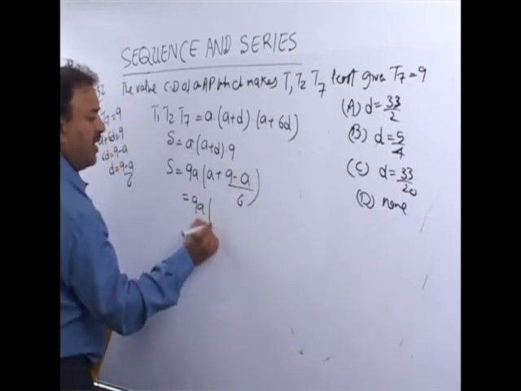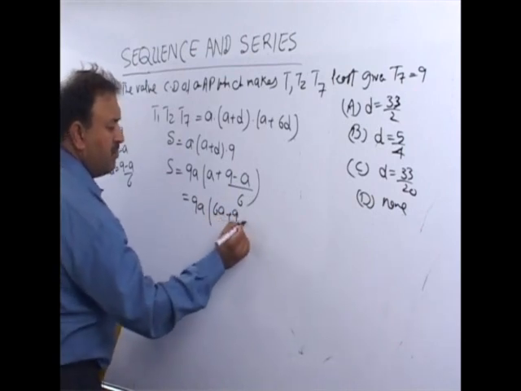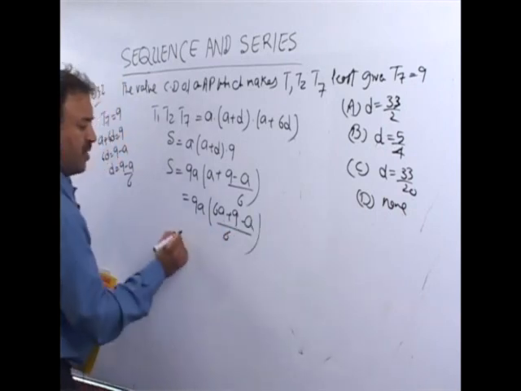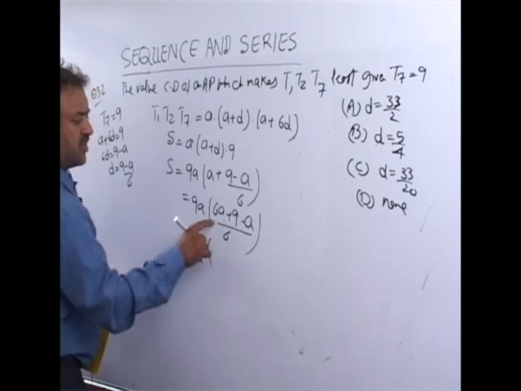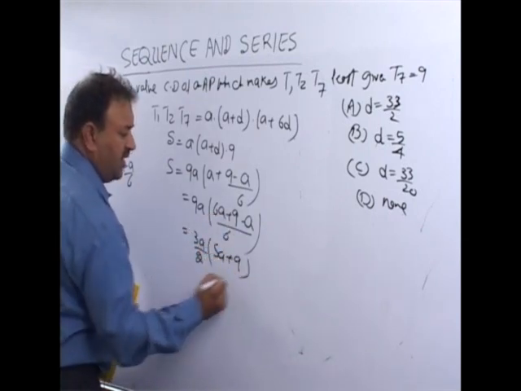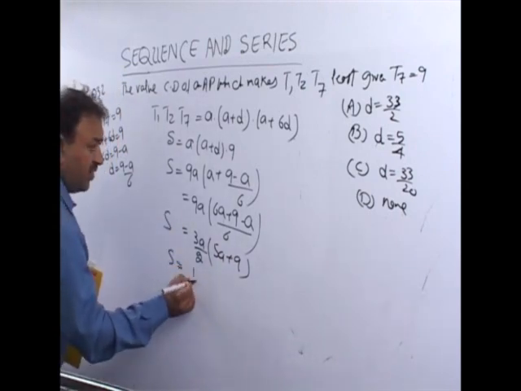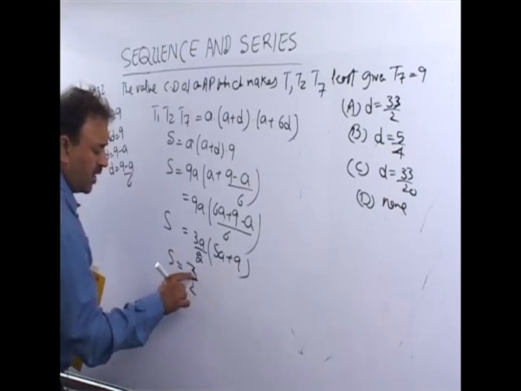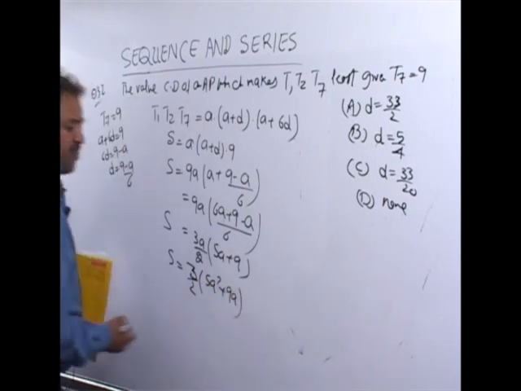It comes out to be 9A times 6A plus 9 minus A upon 6. I can write 3A upon 2, times 6A minus A, which comes out to be 5A plus 9. Now S has been converted into one variable, so I write 3 by 2 outside, into 5A square plus 9A.